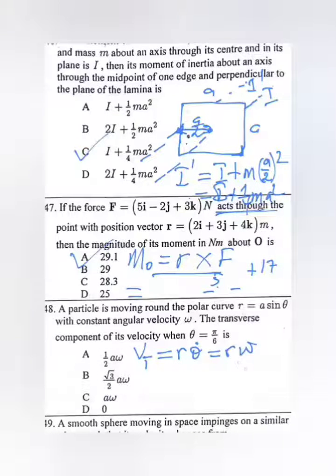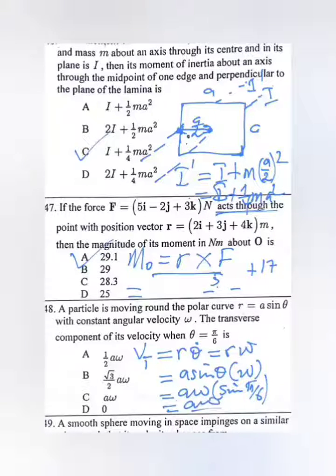So we have r omega as the transverse component of the velocity, but r is given in the equation as a sine theta, so we multiply it by omega so that we get a omega sine pi on 6, because we are asked to find the value of that component when theta equals pi on 6. Sine pi on 6 is sine 30, which is half, and so the transverse component of the velocity is simply a omega over 2, and that corresponds to option A, half a omega.